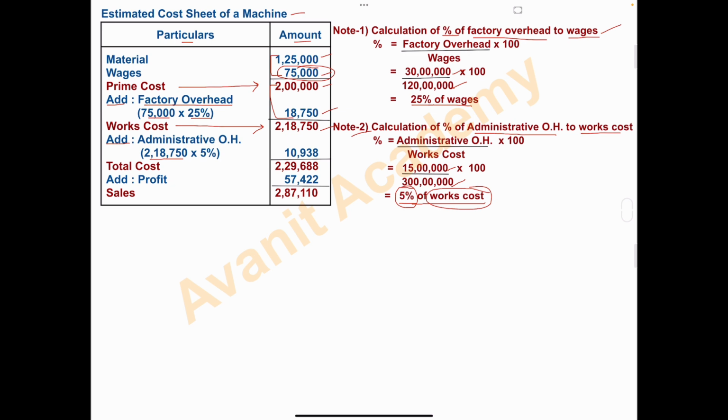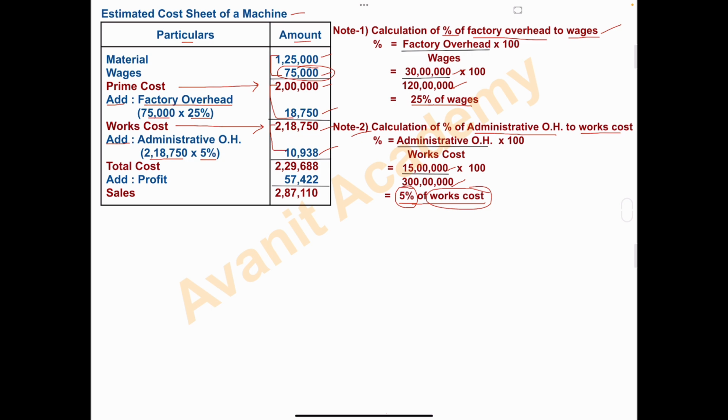So ಈ 2,18,750 ನ 5% we have to take as administrative overhead. So do the calculation. 2,18,750 into 5%. You will get 10,938.